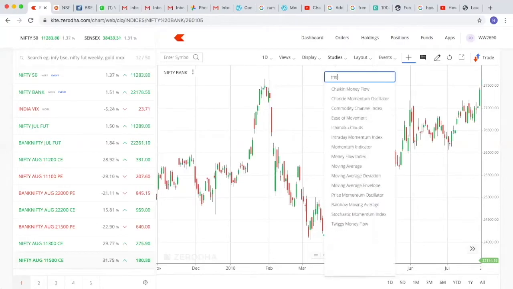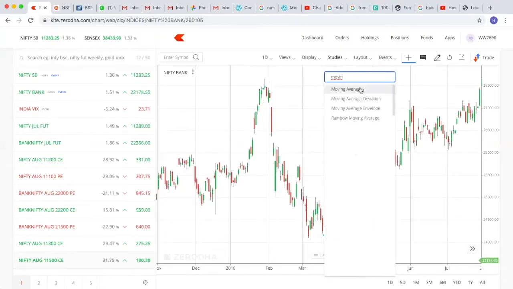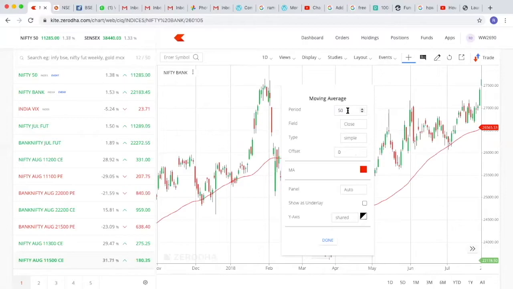You can type moving average. So let me take a 50 days moving average. Let me take the close day price. It has to be exponential. And the color, okay, let it be red.